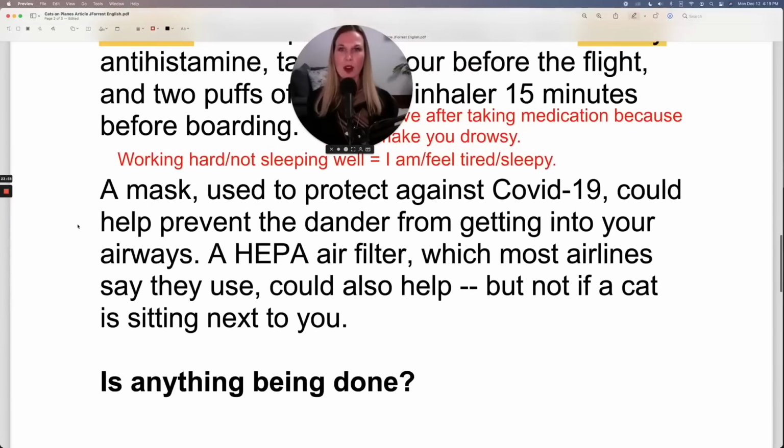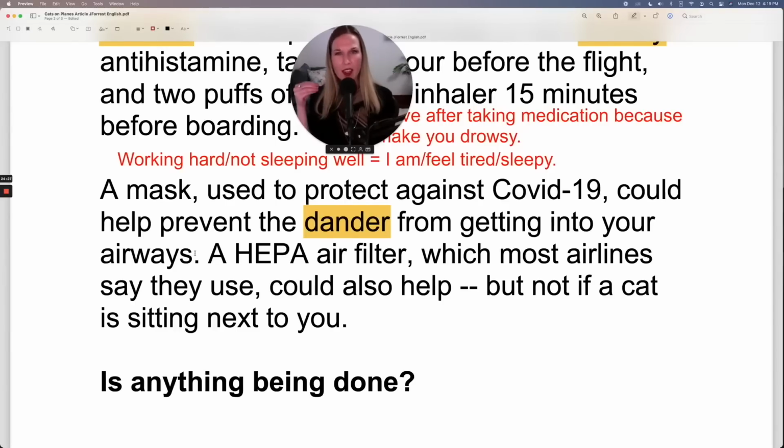Let's continue on. A mask used to protect against COVID-19 could help prevent the dander from getting into your airways. Dander, that is something from the cat's fur. So little particles from the cat's fur is called dander. And that's generally why people are allergic to cats.